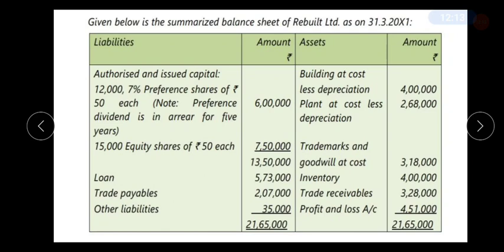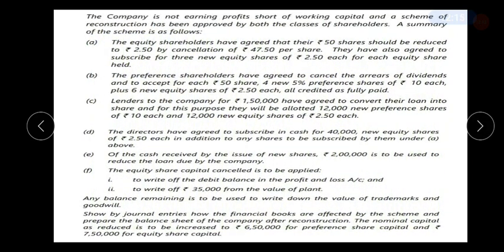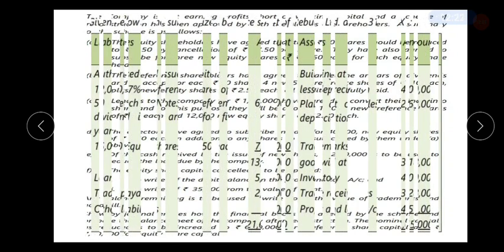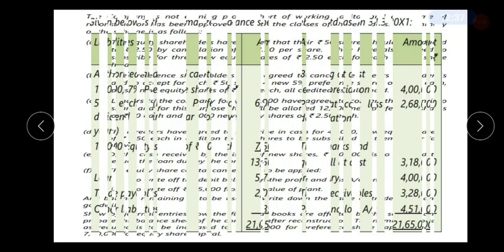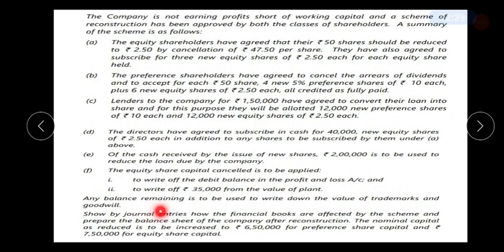And if you are left with any additional balance, that can be utilized for writing off intangible assets, trademark and goodwill. So you can make use of the remaining balance to write off intangible assets. So that is what the scheme says.